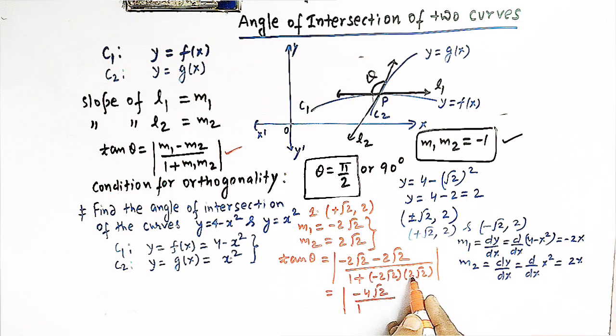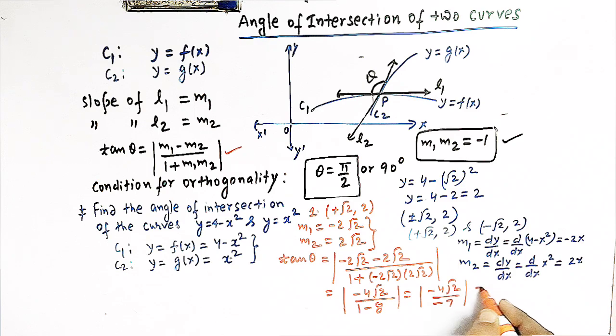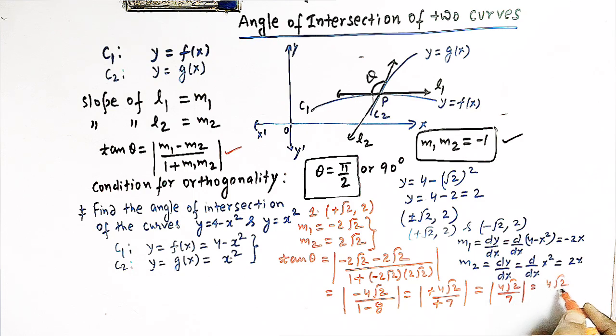This is 2 times 2 is 4, 4 times 2 is 8, so we have −8, that is 1 − 8 = −7. So we can now write mod of −4 root 2 divided by −7, and cancelling this, we have 4 root 2 over 7, right?